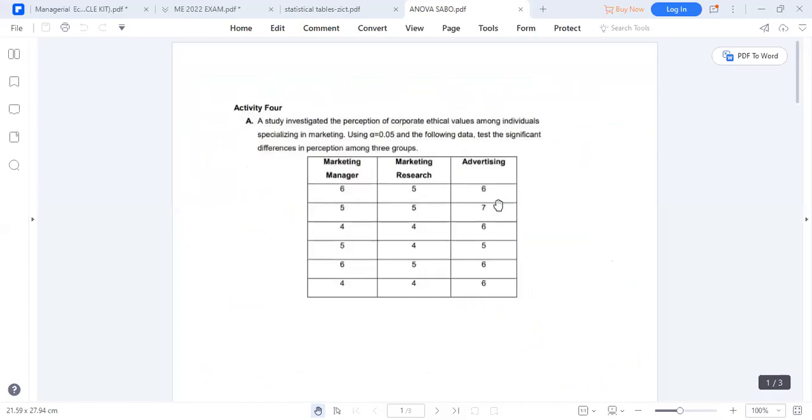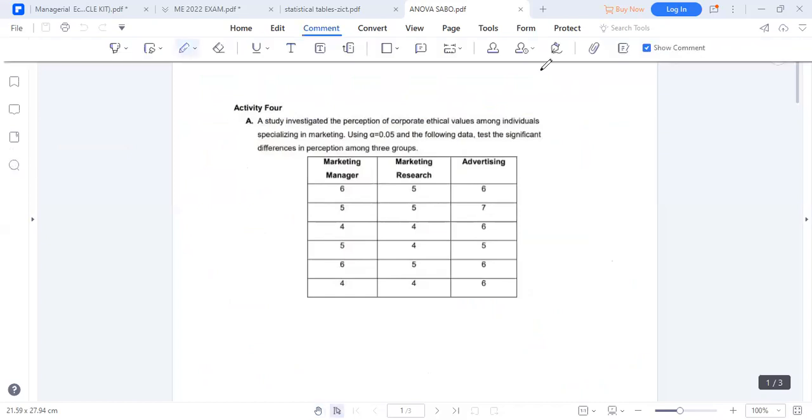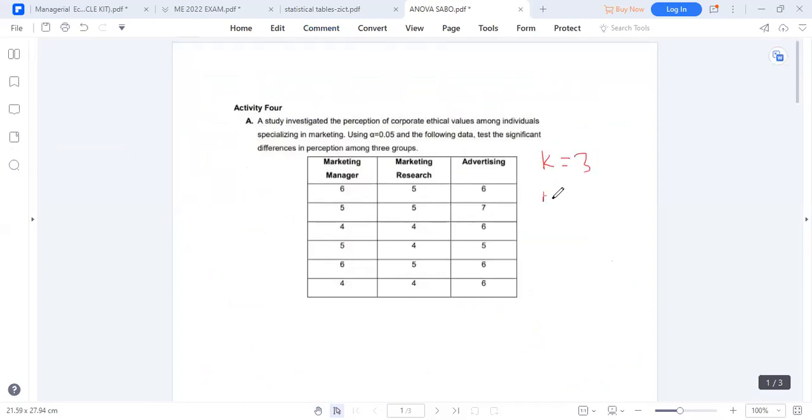So what we do first, that's a scenario. Help me identify the K and the N first of all. What is the K and what is the N? K is 3. What is the N? Oh, N is 9. How are you getting the 9? Oh no, wait. N is 18.